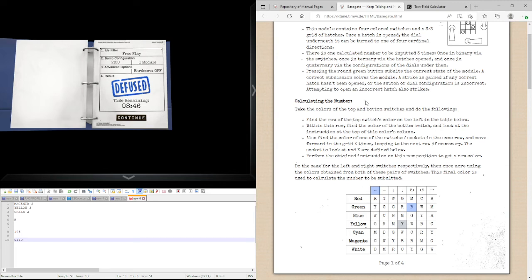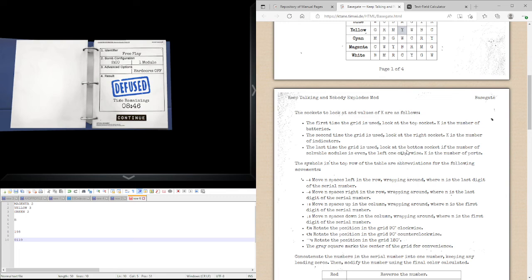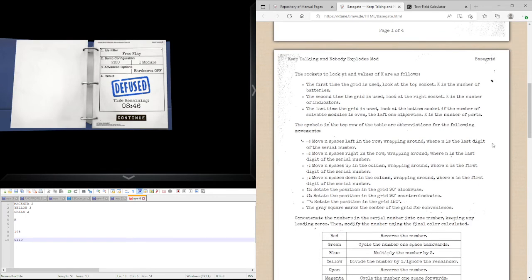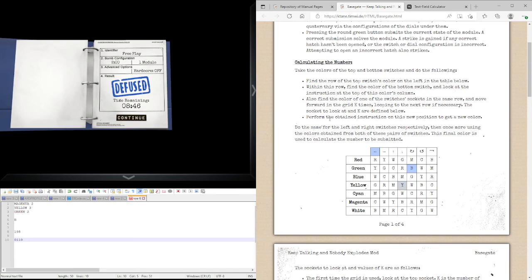Then we use either the top and bottom or left and right to find a colour on the right, which will find another colour in the row to get an instruction, which will apply to the socket and K values from here until we get a final colour after using the found colours.